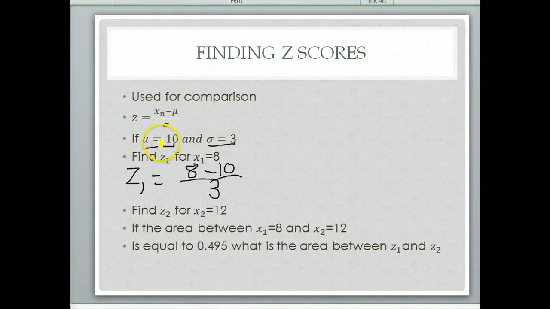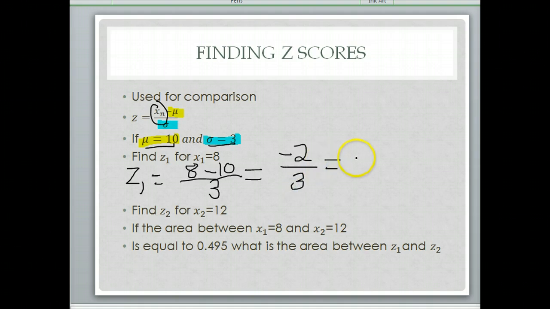Now recall that the mean in this case is 10, so that goes where that funny looking m, the Greek letter mu, goes. The standard deviation is 3, so that goes in that part of the formula. And the only thing we're going to alter is the individual's score, the xn. So I'll go ahead and subtract: 8 minus 10 is negative 2, and divide that by 3.